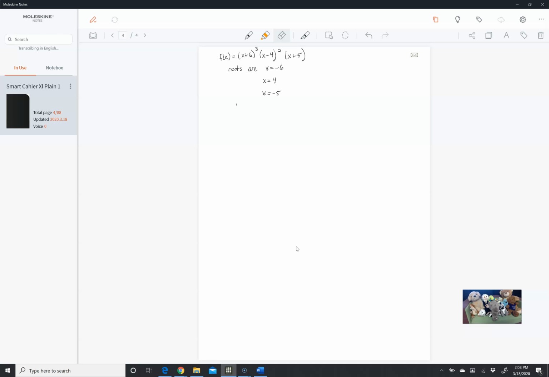Okay, we set each factor equal to 0, and then solve for x. That's how we can find the root. Again, this should not be anything new to you.